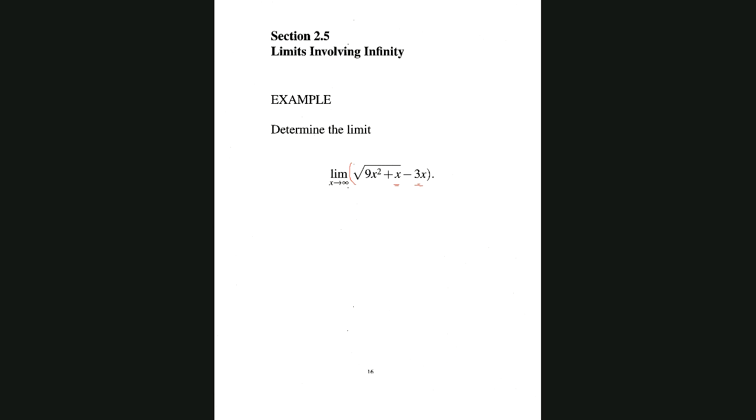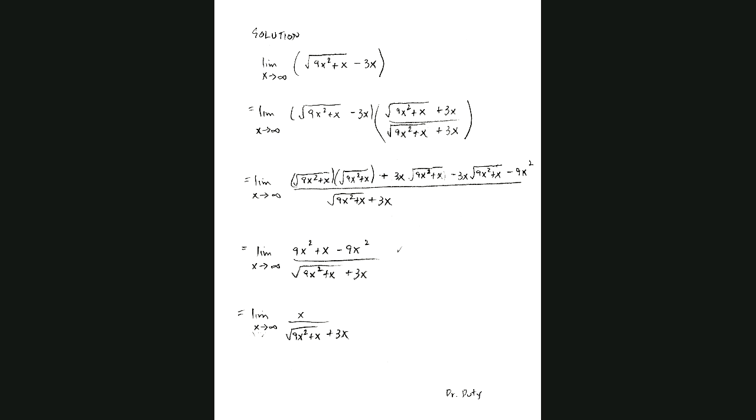What's the conjugate of the square root of 9x squared plus x minus 3x? That's right, Ian. That's right, Lynn. It's the same, but you have a plus 3x. So that's what we're going to do. Let's go to the solution.